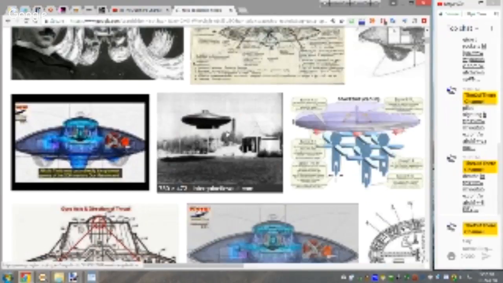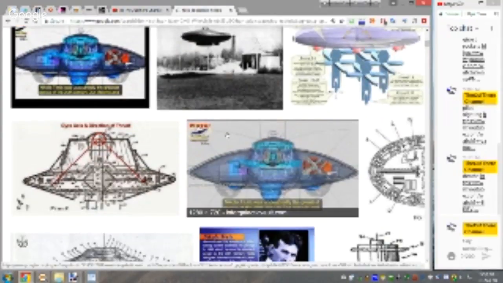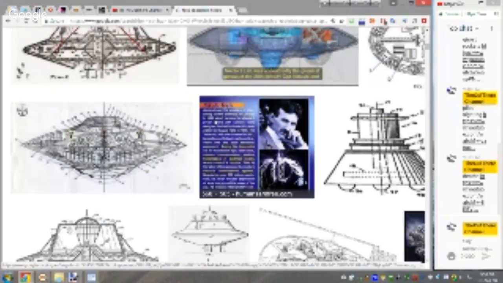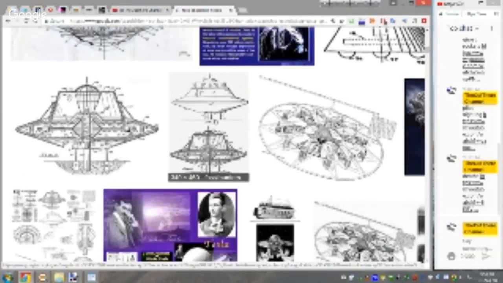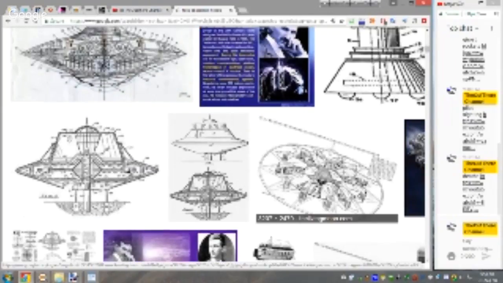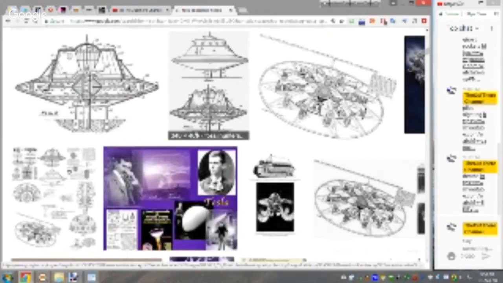But you can see here, even on these Tesla ones, they have the 3 blobs underneath. Because if you have a look at all the patents that I did, there's an episode called US Patents, and they're all these UFOs that have jet engines and stuff.